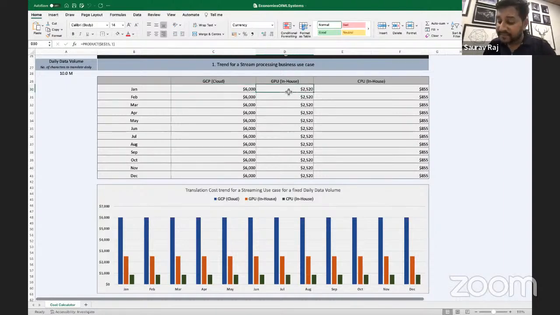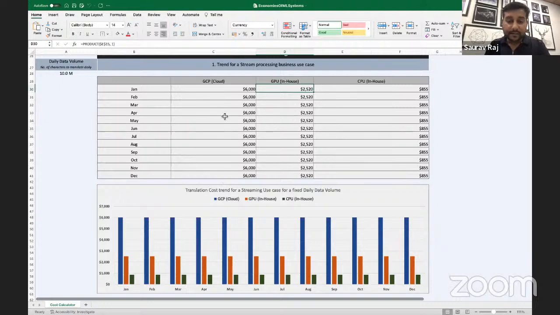So now this presents a case that even the in-house solution can also be considered, especially when the data volume is on the higher side. And this I'm talking only in terms of cost. There could be other factors of deciding whether to go with cloud or in-house, but especially in terms of cost, when the data volume is on the higher side, it gives us a strong case to even consider an in-house solution.